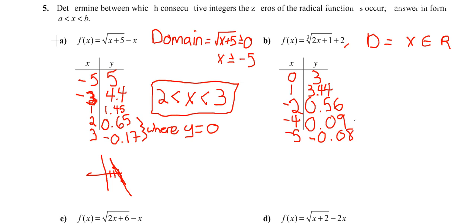So for this one, we know very clearly where y equals 0. We can see that this happens when we have a positive and a negative, one on top of the other.